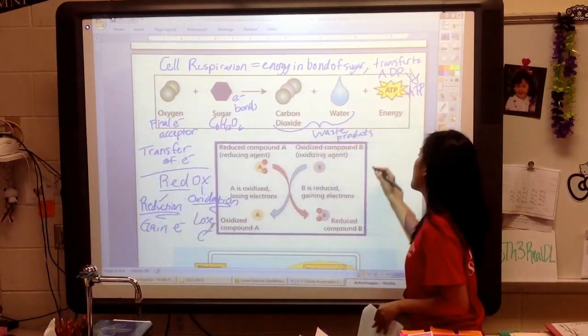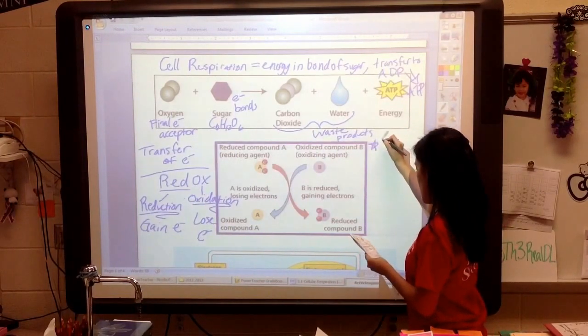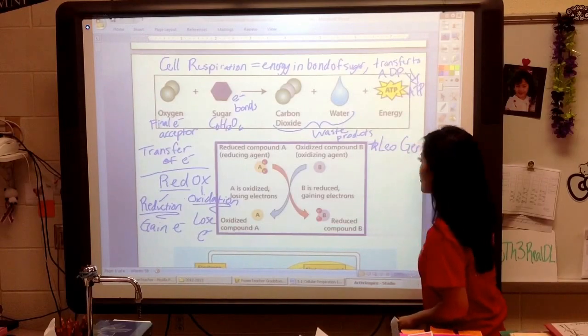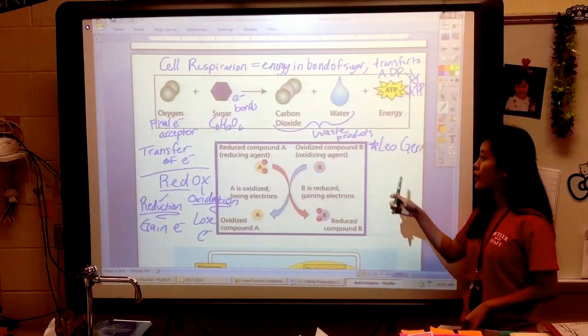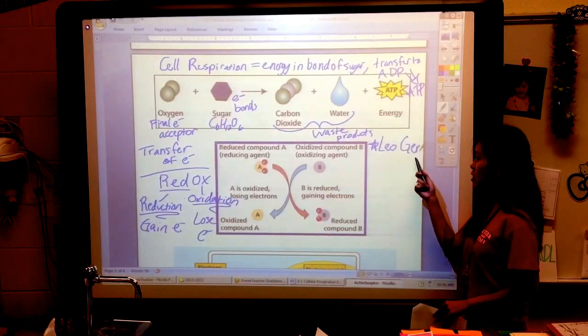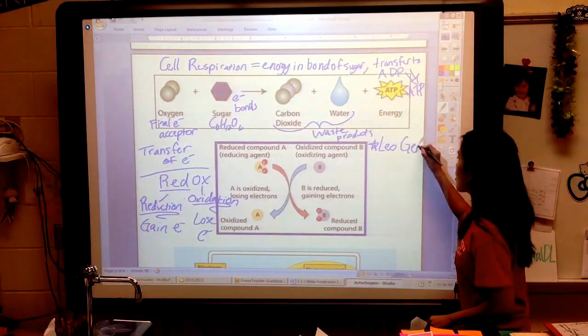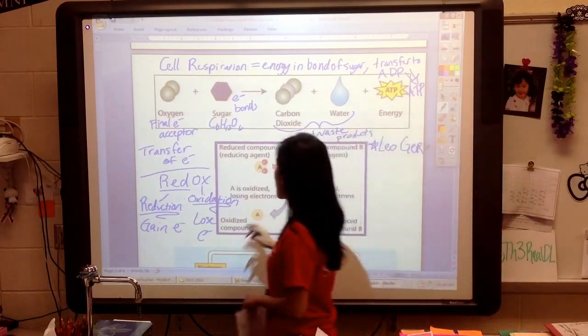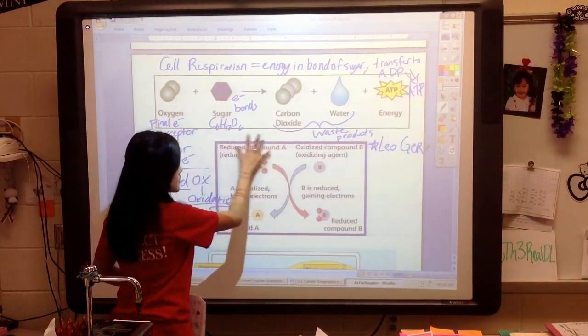Two things that can help you remember this is Leo the lion goes grr. Okay, Leo the lion goes grr. Lose electrons, that's oxidation. Gain electrons, that's reduction. And that is an R over there. Okay? When we're looking at this picture, we don't need to pay attention to what's up top here.